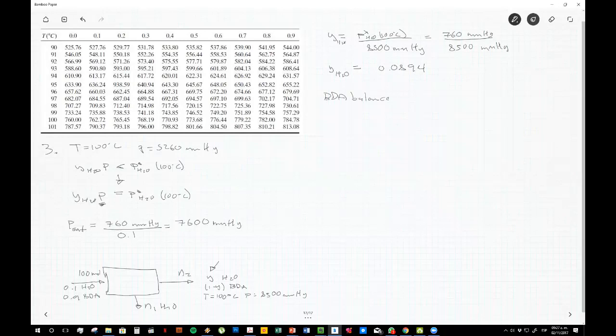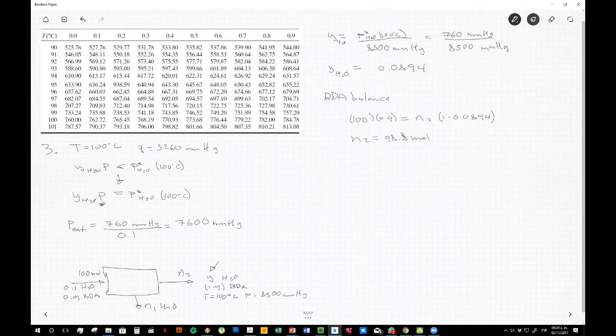So now we can do again the bone dry air balance. Again, what gets in has to get out, so 100 moles times 0.9 should be equal to N2 times 1 minus Y, that we have 0.0894. So that N2 is equal to 98.8 moles.